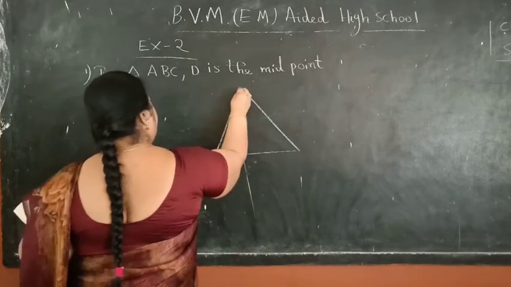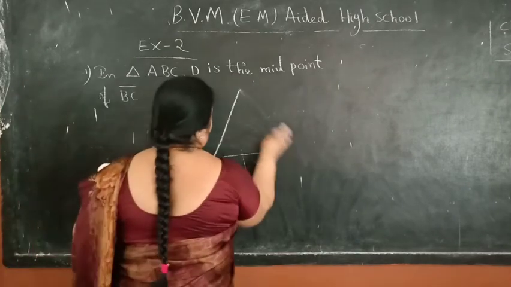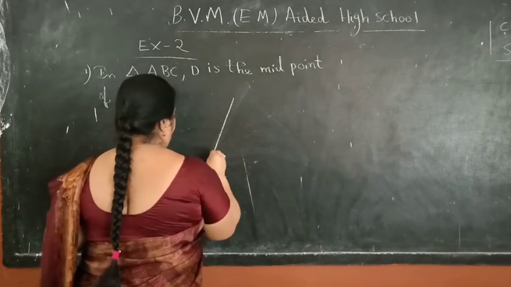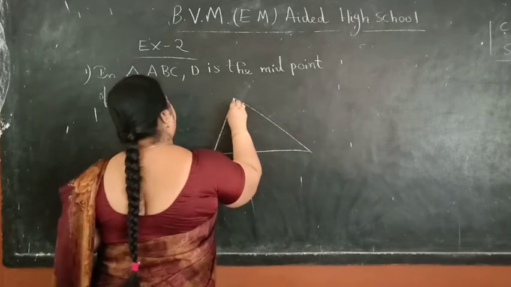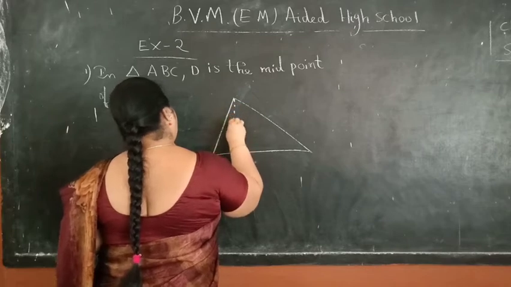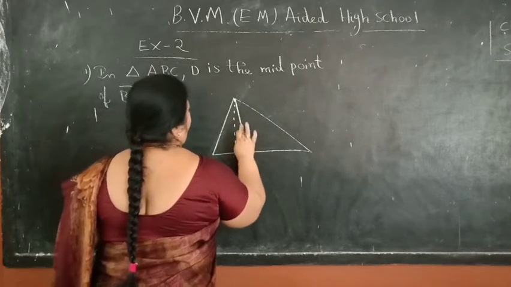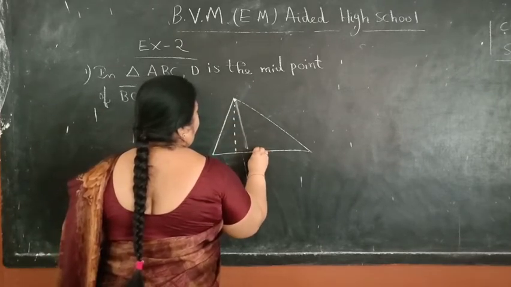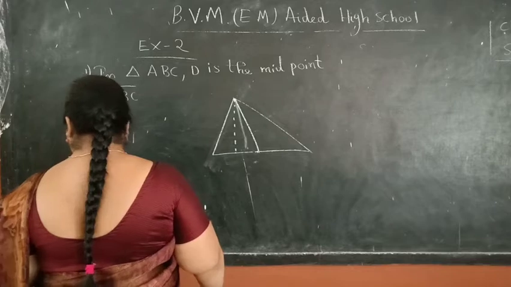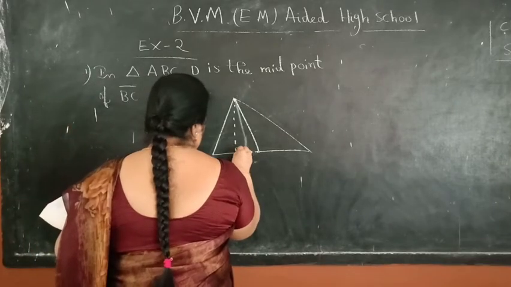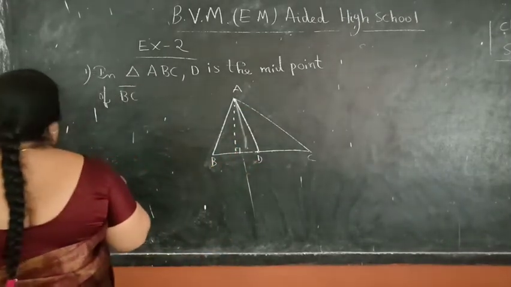This is the triangle. What is AD called?